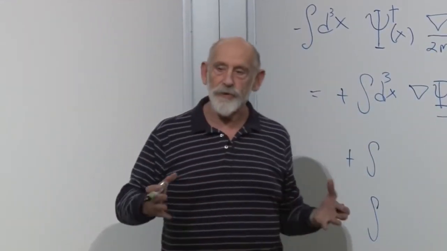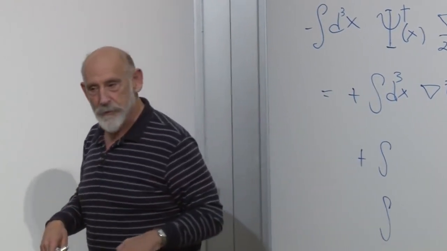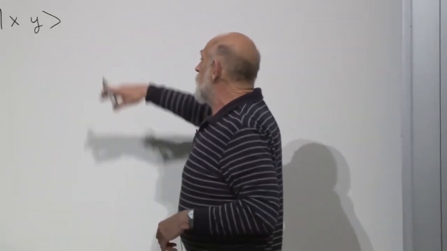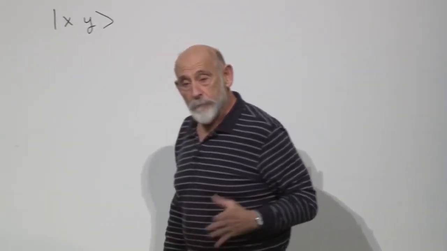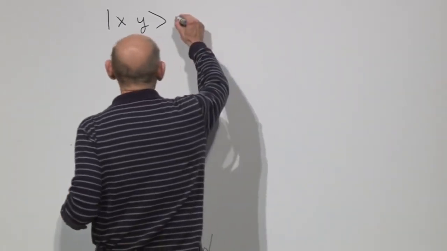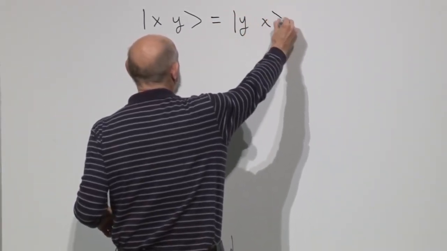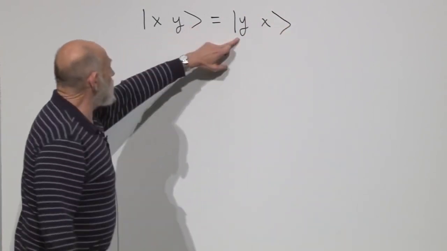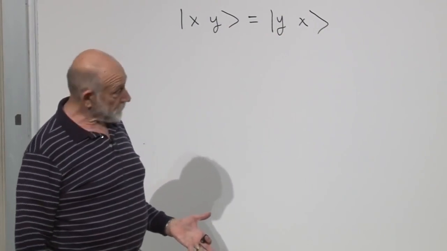X and y are each, if you like, three-dimensional positions or one-dimensional positions, depending on the context. That's a state with two particles, one at x and one at y. For bosons, this is exactly the same thing as putting particle 1 at position y and particle 2 at position x. They're equal to each other.